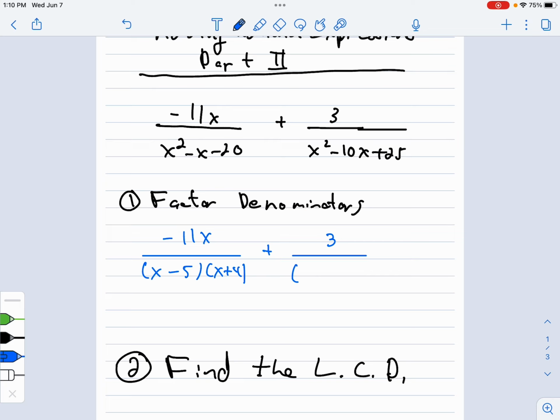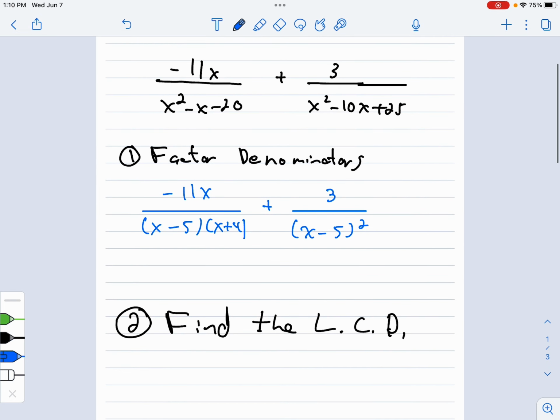That would factor out as x minus 5 to the second power, or x minus 5 times x minus 5, okay? It might take you a minute or two, and that's fine. And if you still have some issues with the factoring, I would go ahead and look up one of the videos we made on factoring.